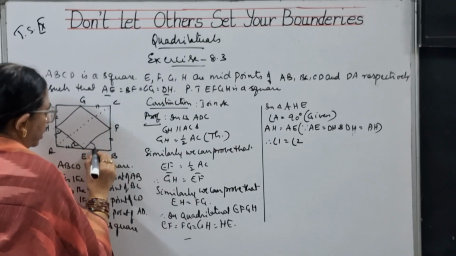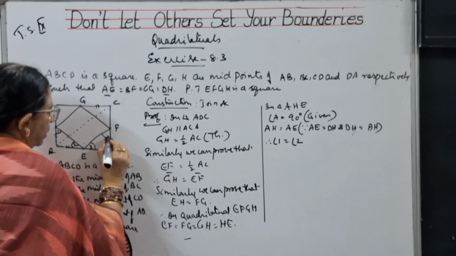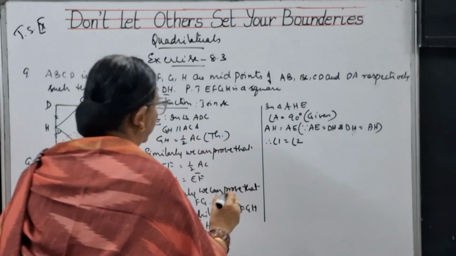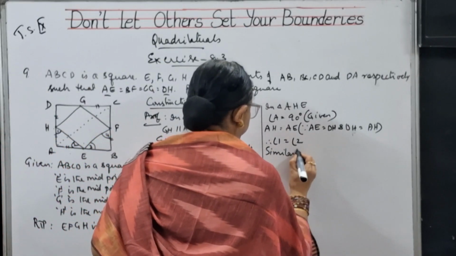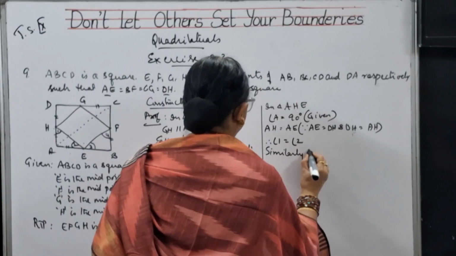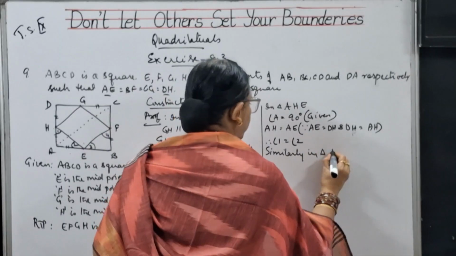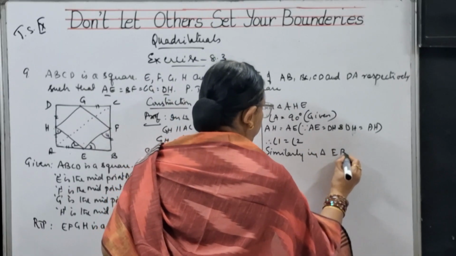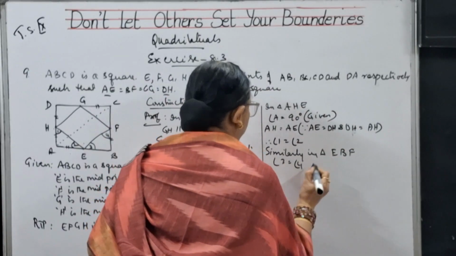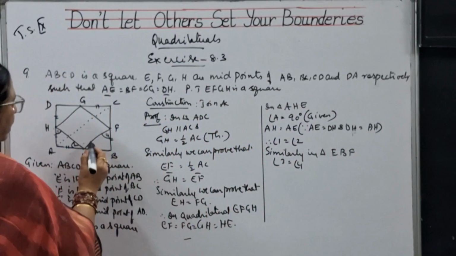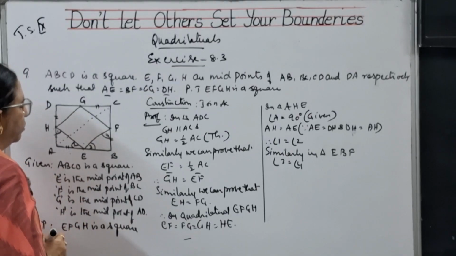So similarly, let me take this as angle 3 and angle 4. Similarly, in triangle EBF, angle 3 is equal to angle 4.